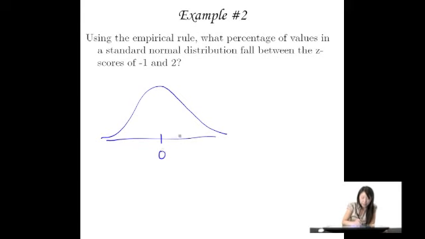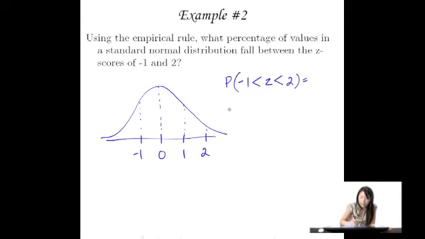Here's 0, and what we need is between the standard deviations of -1 and 2. Once again, there are multiple ways you could find this out. A really simple and straightforward way is that we're trying to find P where Z lies between -1 and 2.